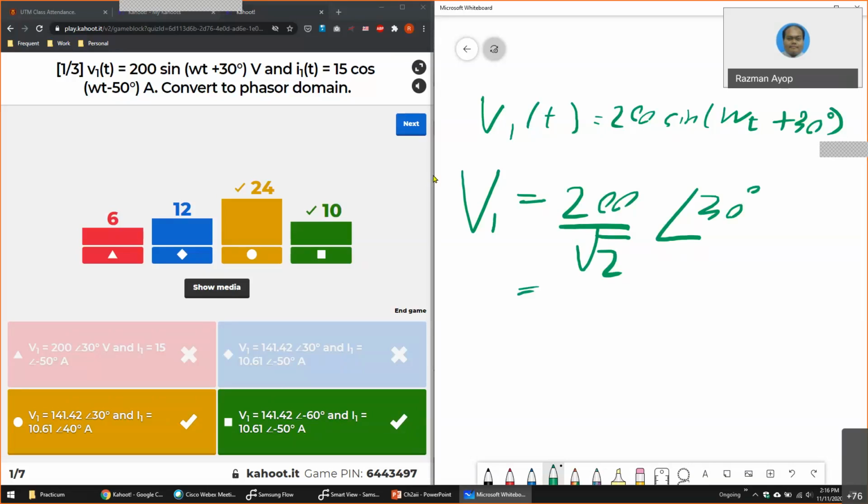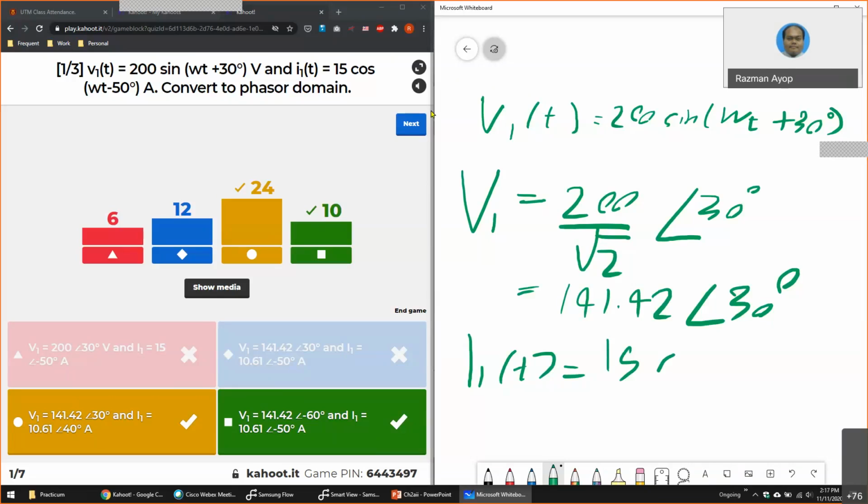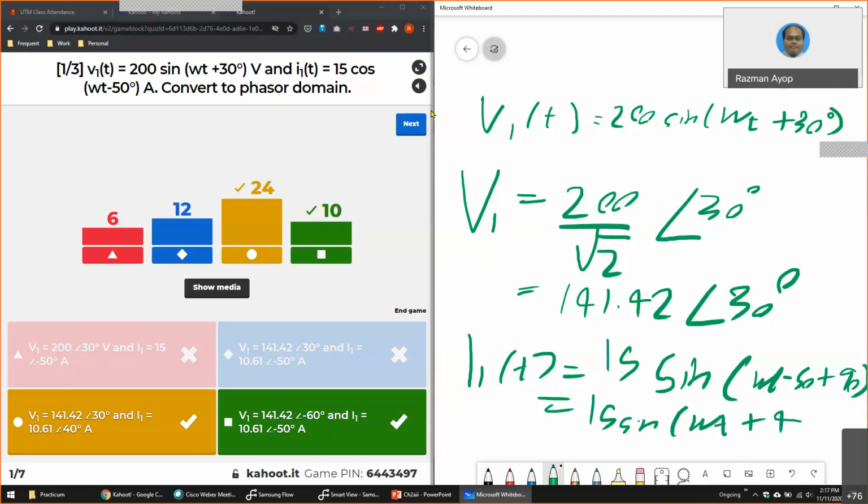So this automatically gives 141.42 angle 30 degrees. Same for I1. I1(t) equals, from cos you have to change to sine, so 15 sine(wt minus 50), cos to sine plus 90. So you get 15 sine(wt plus 40).